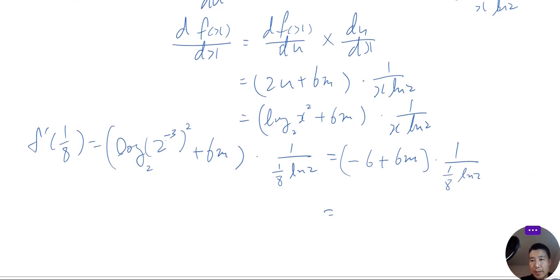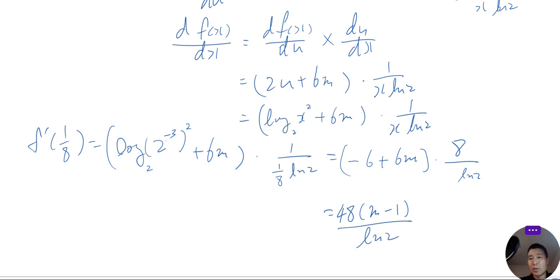I can say 8 would be a better way to say it, isn't it? So if I simplify by factoring 6 outside, 6 times 8 is 48, times m minus 1, over ln 2.